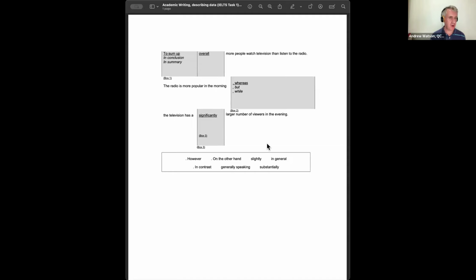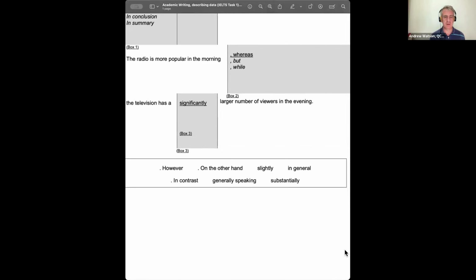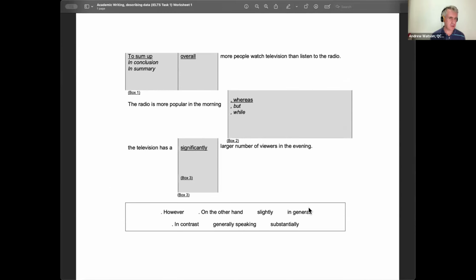Can you put the words in the box down below, where it says however, on the other hand, slightly, in general, in contrast, generally speaking, substantially. Where would they go in these boxes? So we're thinking about substitute words that we could substitute.